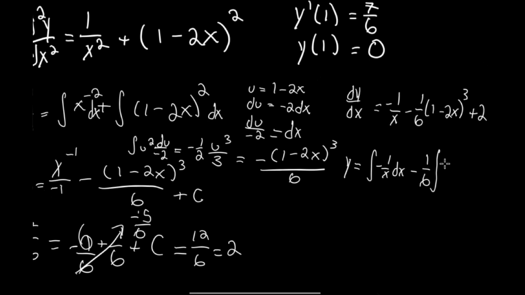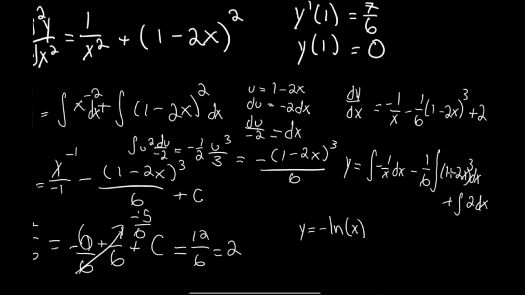The integral of 1 minus 2x cubed dx. And this is going to be plus the integral of 2 dx. So we know that the antiderivative of 1 over x is just the natural log. And because we have a negative, we can just take that out. So we know that y is equal to the negative natural log of x.